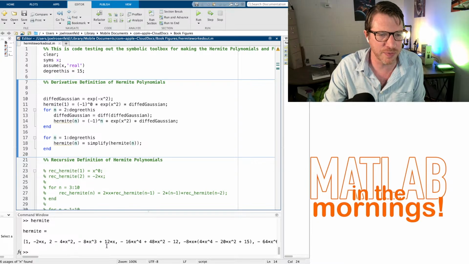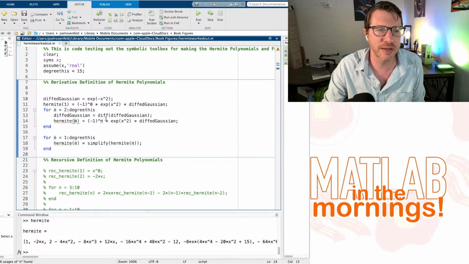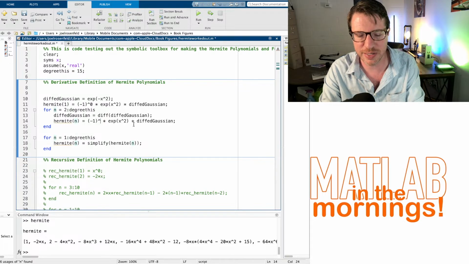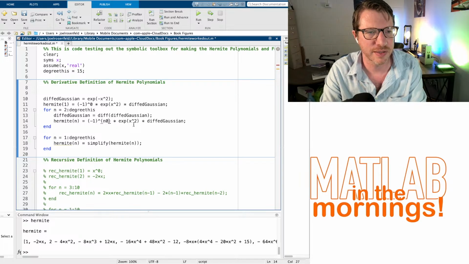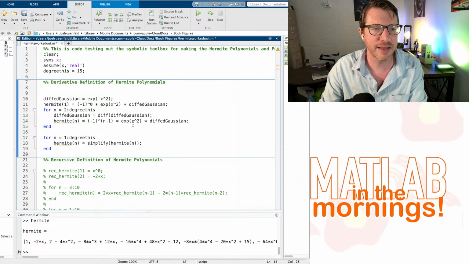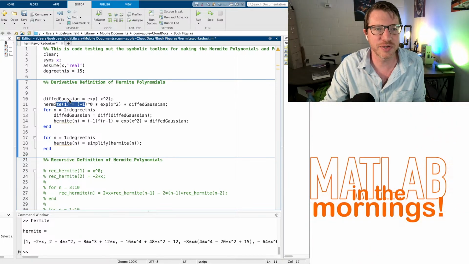So we flipped all of our minus signs, and the reason why is that Hermite n is not the nth Hermite polynomial, but it is the n minus 1st polynomial, because h sub 0 is this guy, but this index starts at 1.